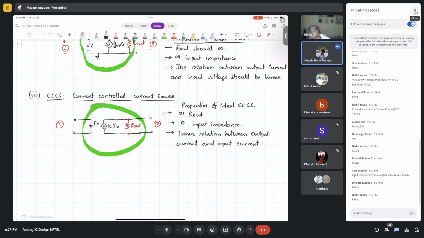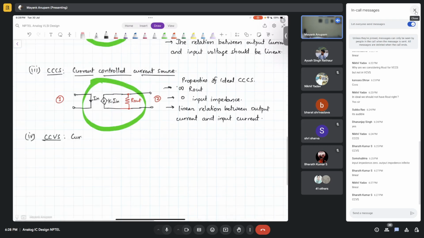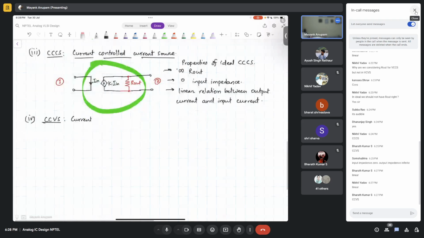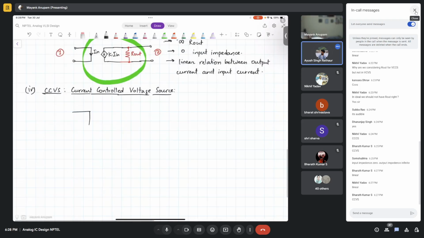Good. The last one would be CCVS, as one of you has correctly pointed out. CCVS, which stands for current controlled voltage source. What will that be?